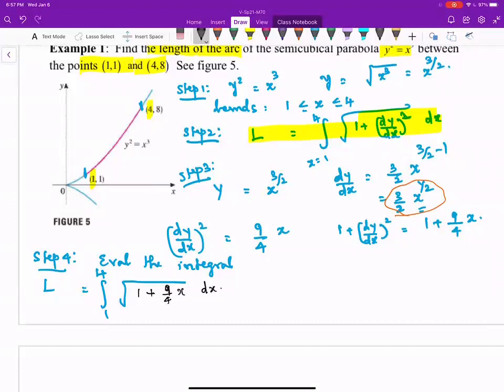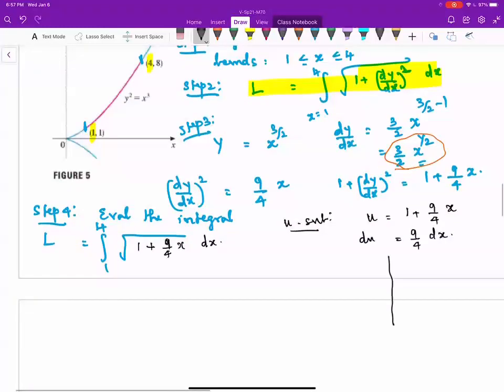Here I can use the substitution method to do this problem. So let's apply the u-sub method. u equals, usually, the expression within the radical. What is du? It is 9 by 4 dx.